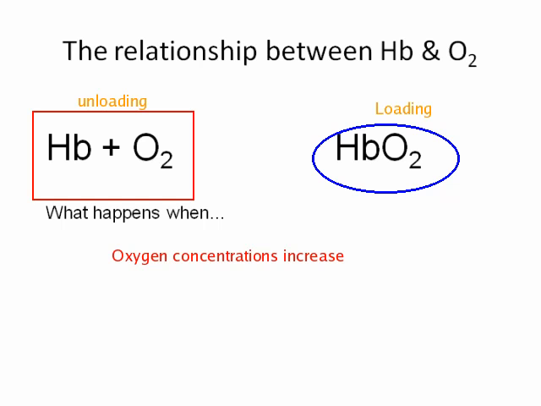The answer is this equation is more likely to go in this direction, and less likely to go in this direction. So when oxygen concentrations increase, hemoglobin is more likely to bind or load oxygen to itself, creating oxyhemoglobin.